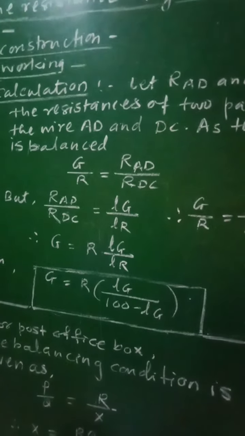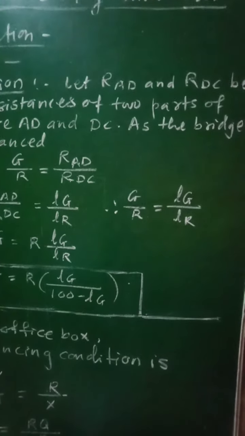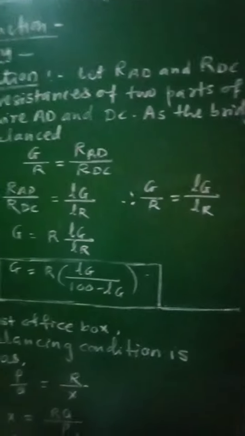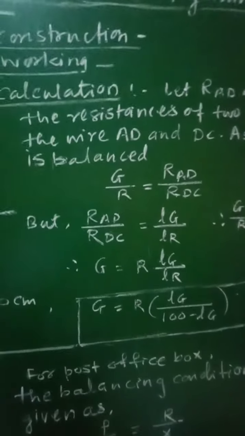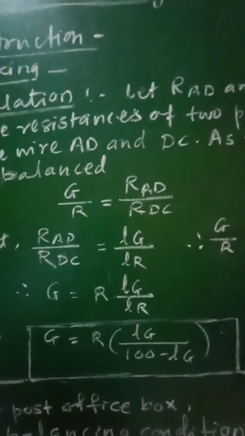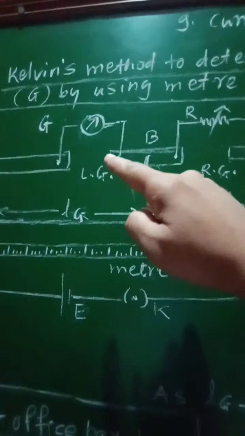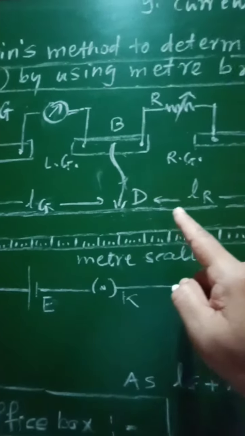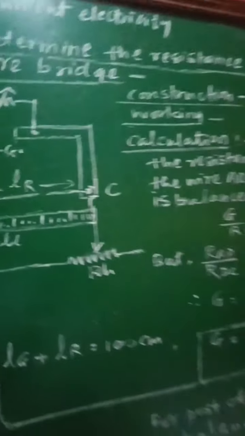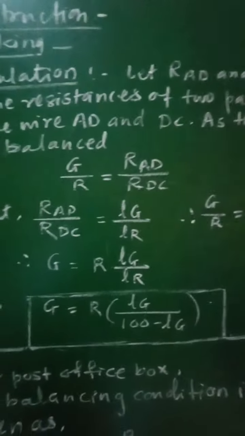As the bridge is now balanced, the balancing condition for this bridge will be given as G by R equal to RAD upon RDC, because in this diagram there will be four resistances: G, R, resistance of LG and resistance of LR. Therefore G by R equal to RAD upon RDC.